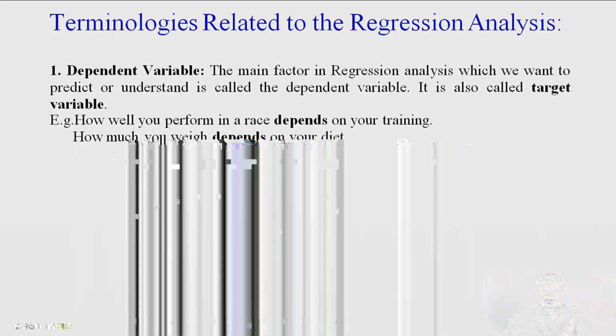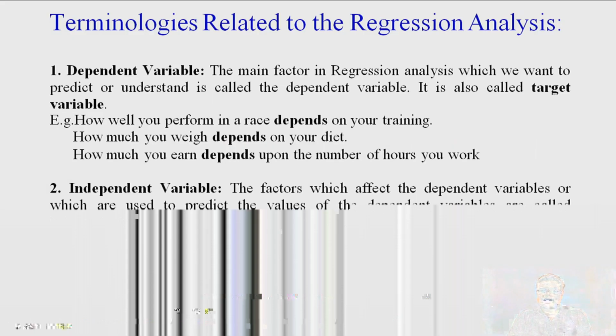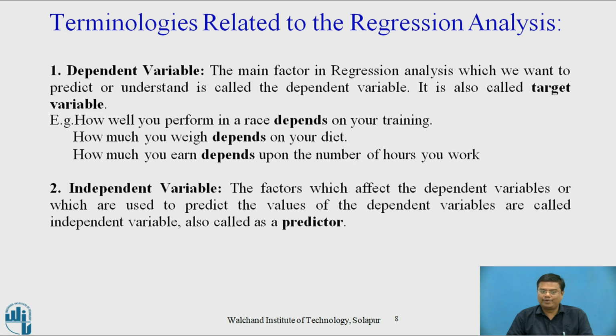So what are the different terminologies related to regression analysis? First is the dependent variable. The main factor in regression analysis which we want to predict or understand is called the dependent variable. It is also called the target variable. For example, how well you perform in a race depends on your training. So the dependent variable is the race, and the independent variable is the training that we are doing.